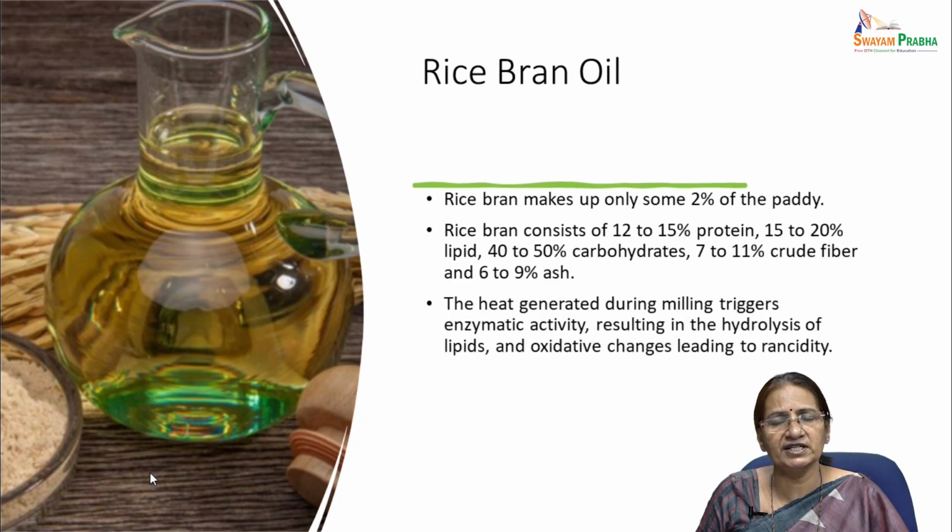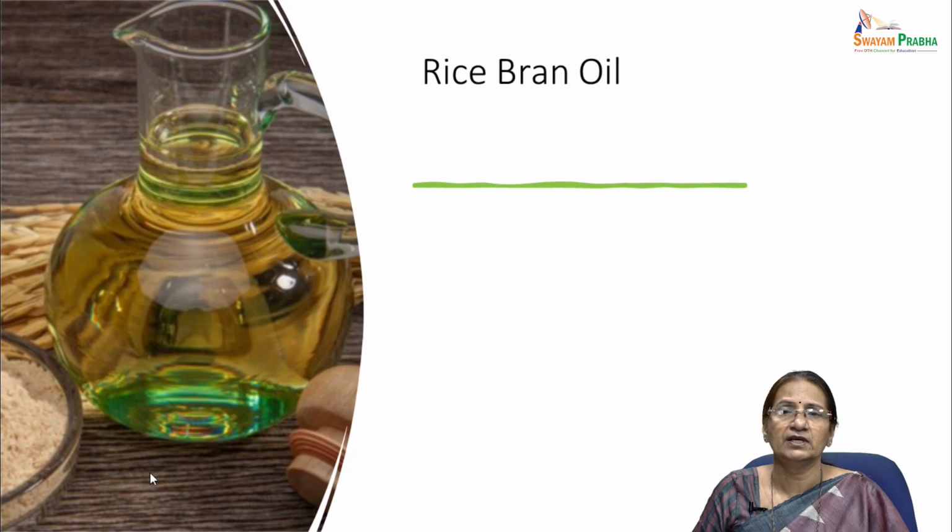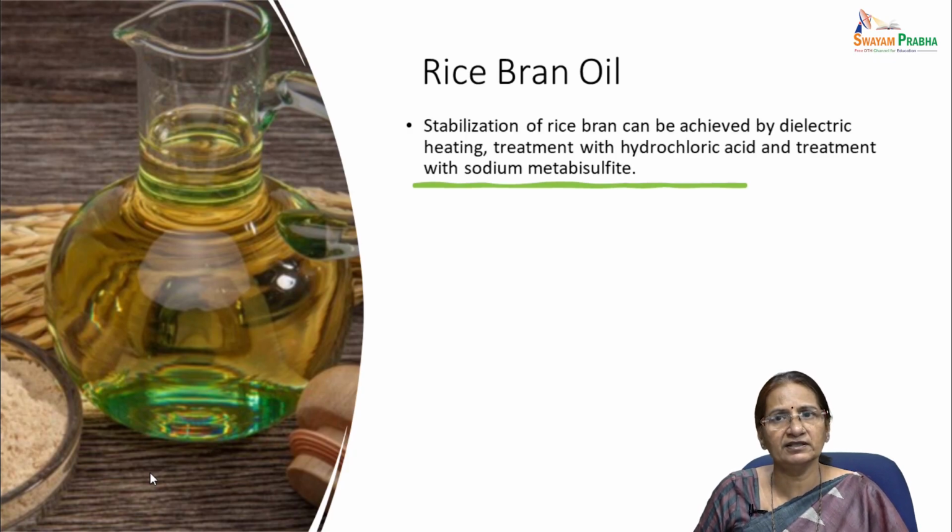The heat generated during milling triggers enzymatic activity, resulting in the hydrolysis of lipids and oxidative changes leading to rancidity. Hence, the bran must be stabilized as quickly as possible after production to prevent rancidity. Stabilization of rice bran can be achieved by dielectric heating, treatment with hydrochloric acid, and treatment with sodium metabisulfite.